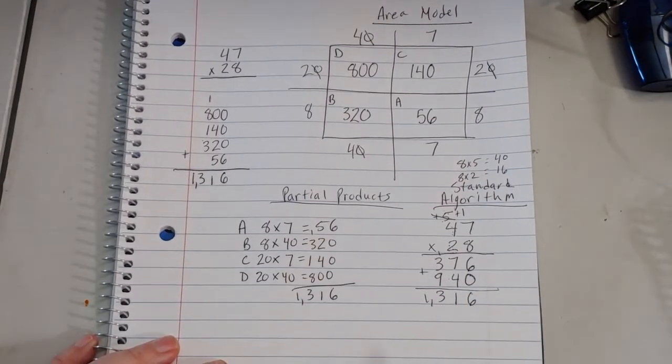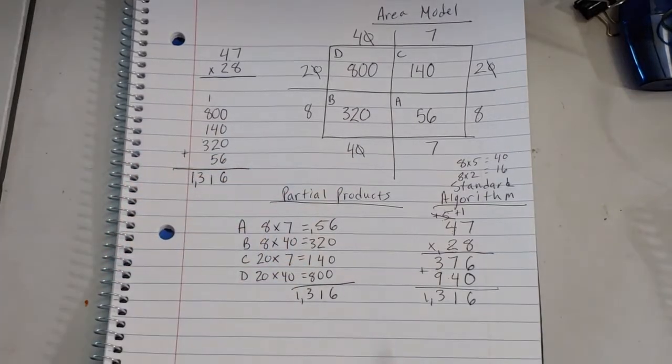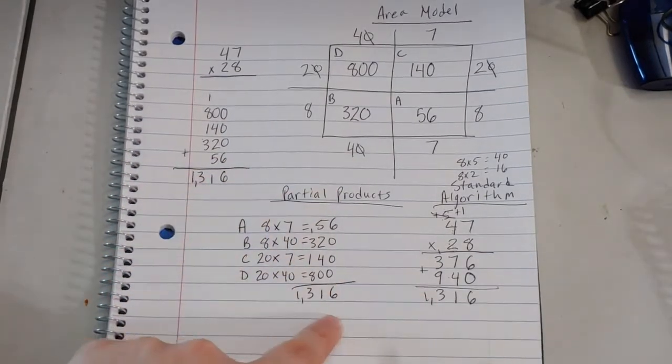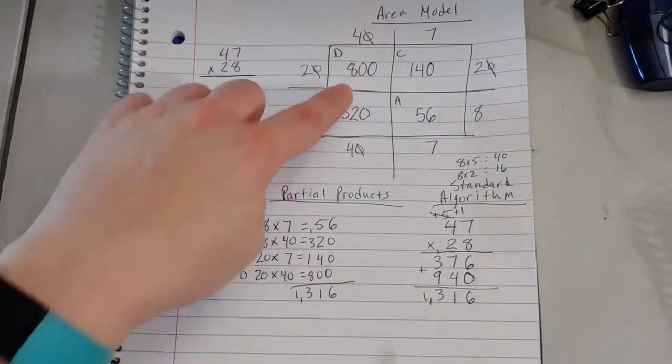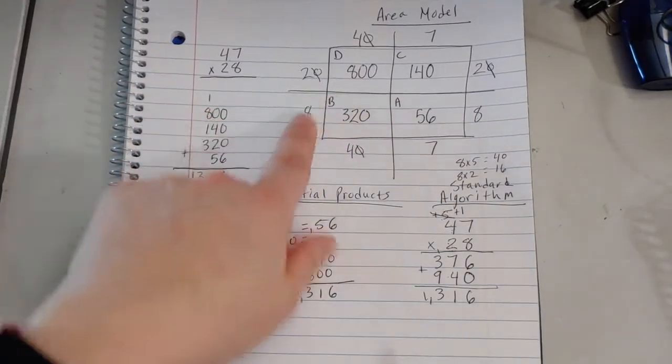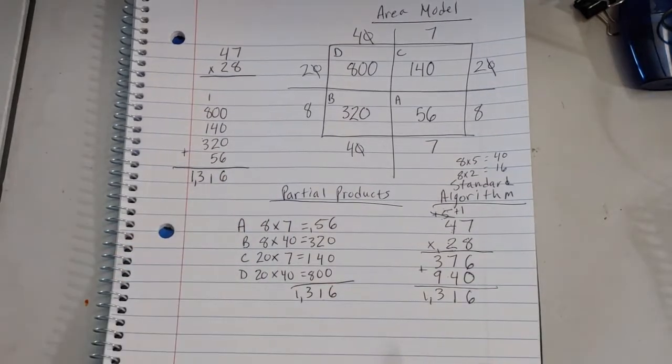Look how much faster the standard algorithm is versus these other two strategies. Now, they all got me the right answer. These ones are fairly easy, but these ones are also slow, and if you don't line up your numbers the right way, you could get the wrong answer. So let's take a look at another problem.